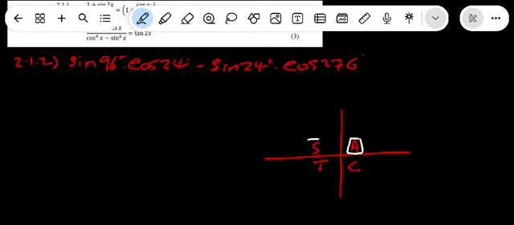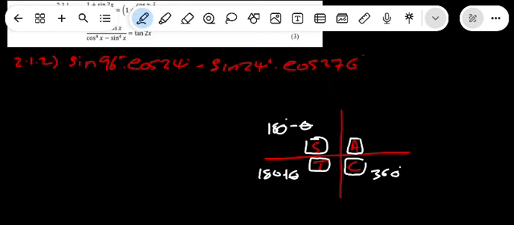Only sine is positive, only tan is positive, only cos is positive in the others. Then we have 180 degrees minus theta, where we subtract theta. Here we have 180 plus theta, and here we have 360 degrees minus theta. This is what we have using this CAST diagram.